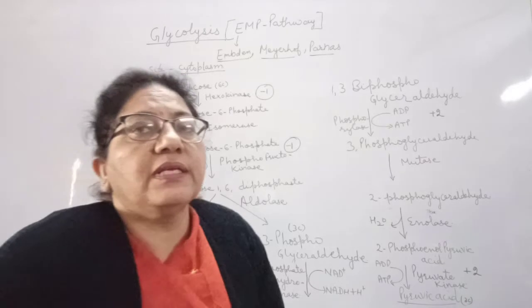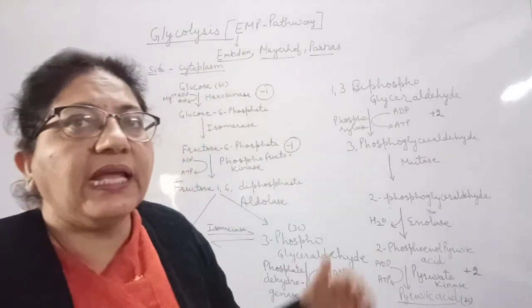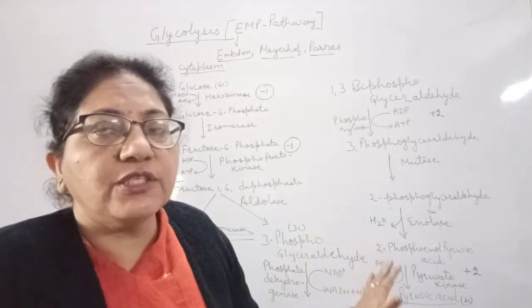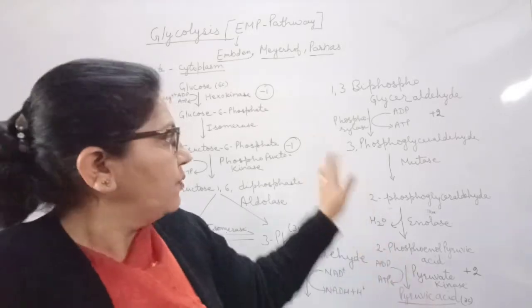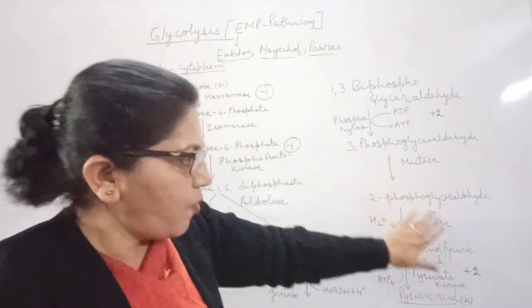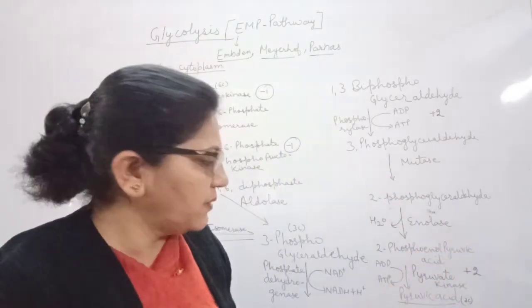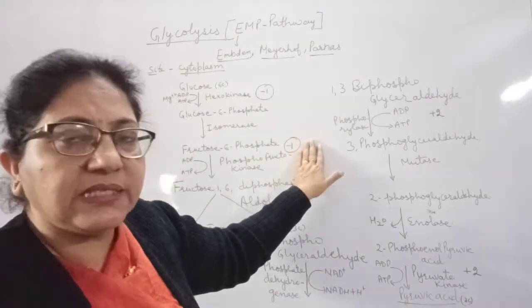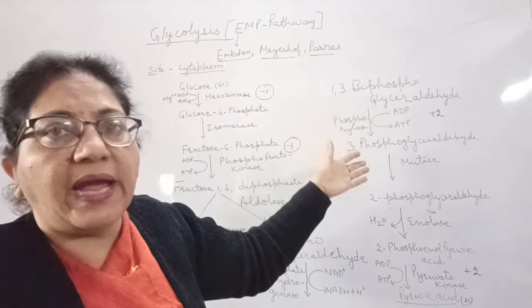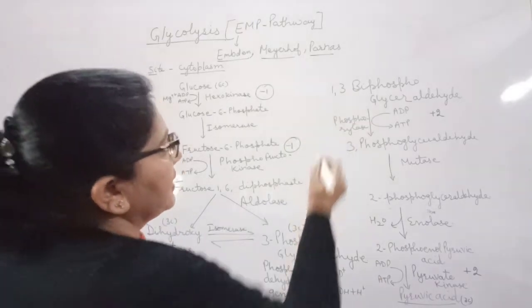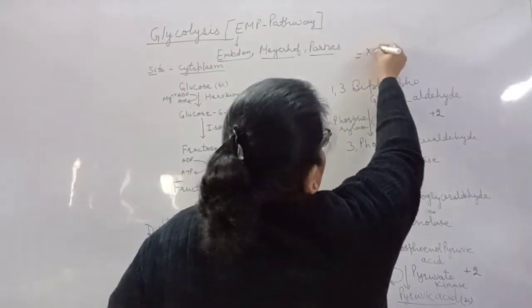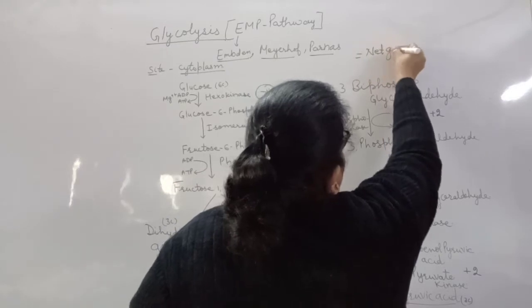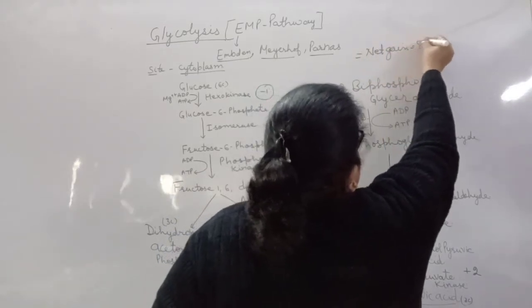So if the question is how many ATPs we gain in glycolysis, that is 8 ATPs. We synthesize 4 ATPs, along with that we have NADH, and 2 are utilized. Total 10, minus 2, so what is the ultimate gain? The net gain is 8 ATPs.